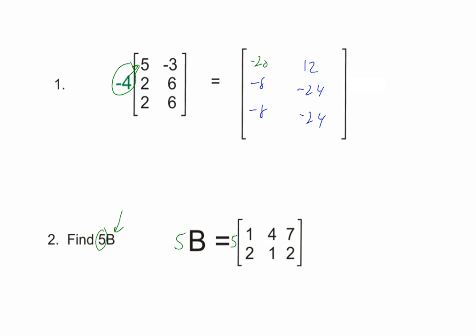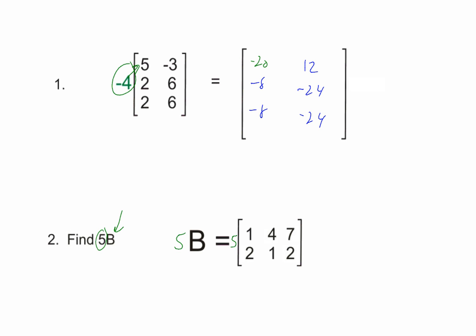Then multiply every spot by a negative 2. What if I said half a b? Then multiply every spot by a half. Scalar multiplication, really easy. You're just distributing to every spot. Whether you work down a column or across the rows, it doesn't matter. Just be careful that you get to each element and you'll be fine.